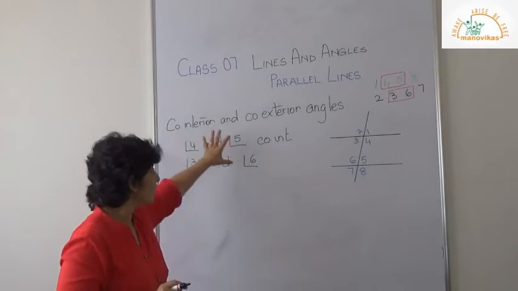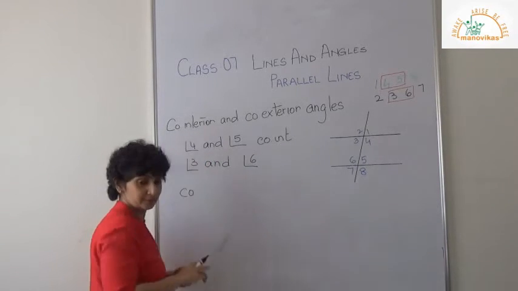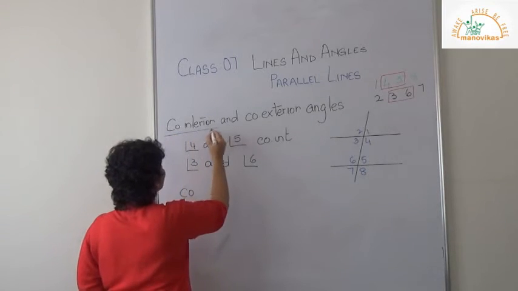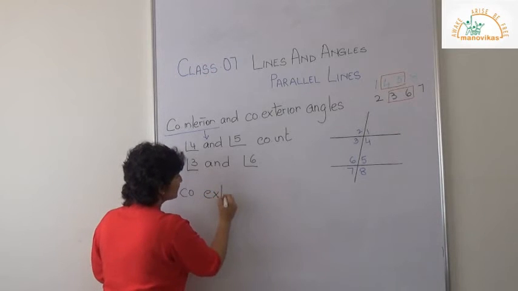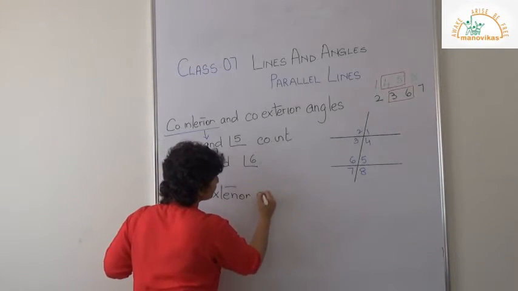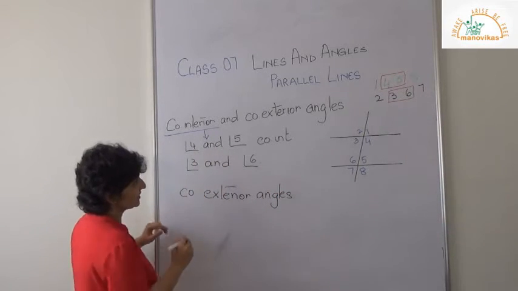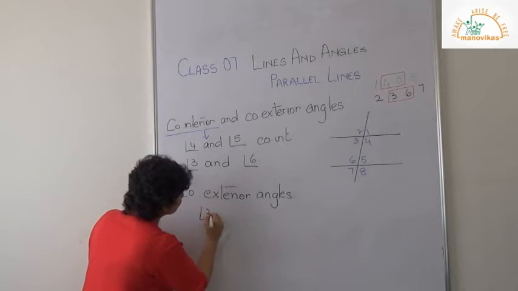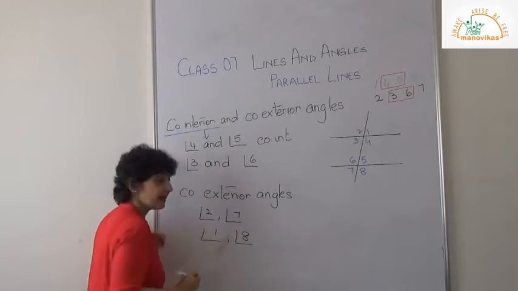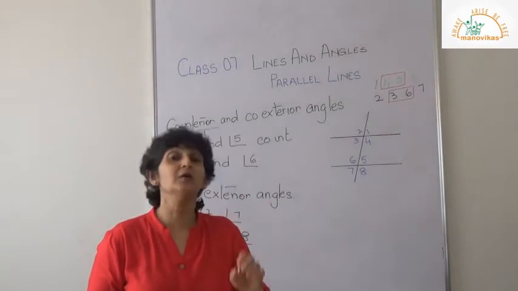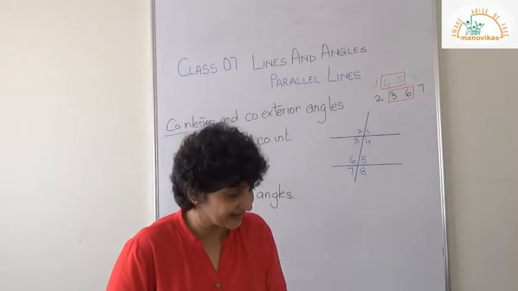These are both co-interior pairs, right? This is my co-interior which I did. Next comes co-exterior angles. So exterior, outside. So which are those? You have angle 2 and angle 7 and angle 1 and angle 8. I'm sure you have understood, children, now the meaning of co-interior and co-exterior angles.